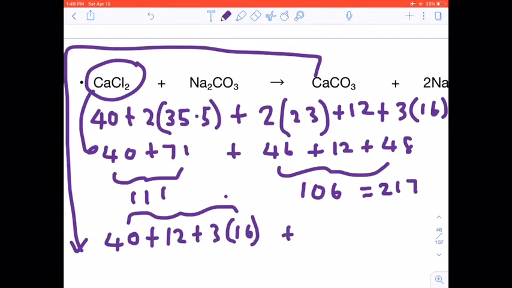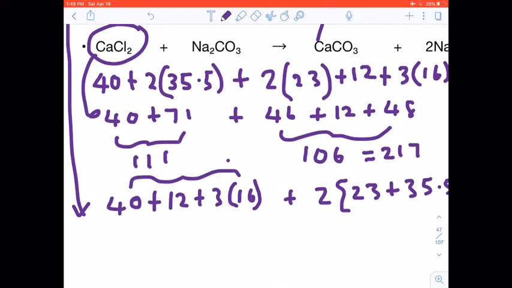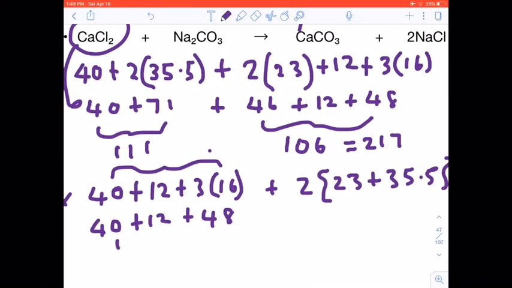And then plus we have 2 into 23 plus 35.5, which then gives us 40 plus 12 plus 48, and that gives us in total 100.